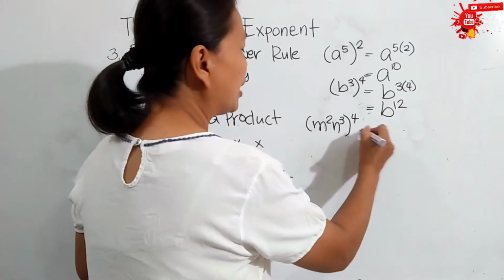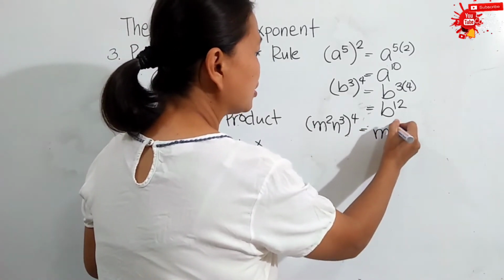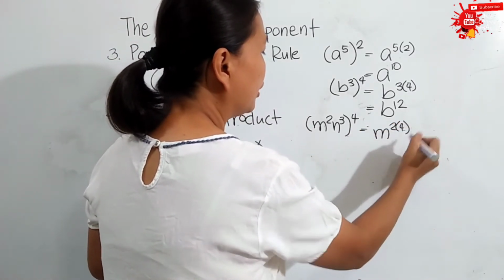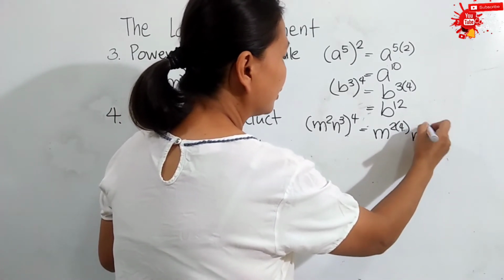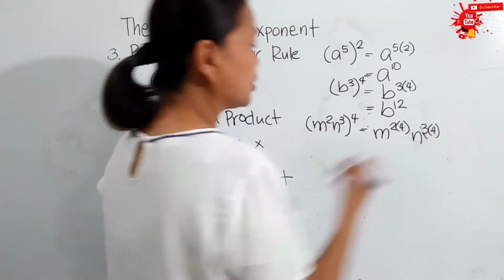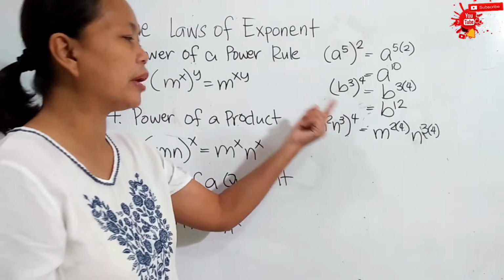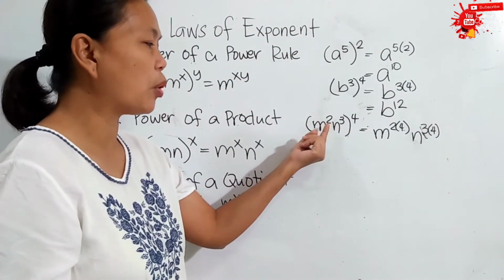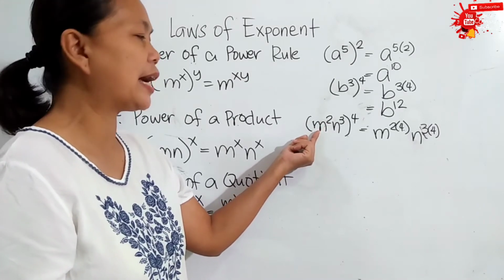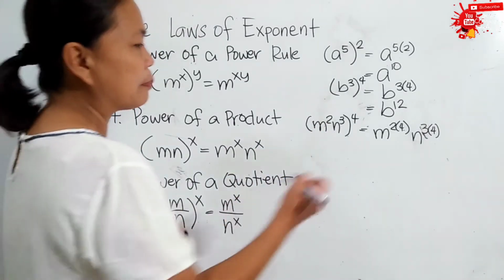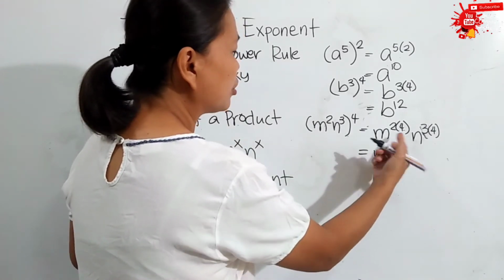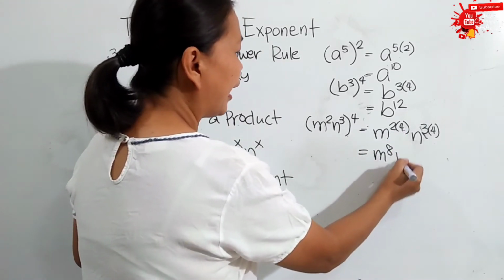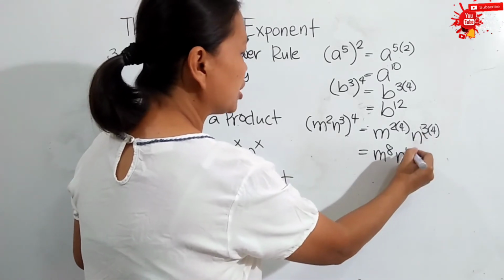It means that we will have m raised to 2 times 4, then n raised to 3 times 4. Simplifying it, we will arrive at m raised to 8, since 2 times 4 is 8, and n raised to 3 times 4, which is 12.